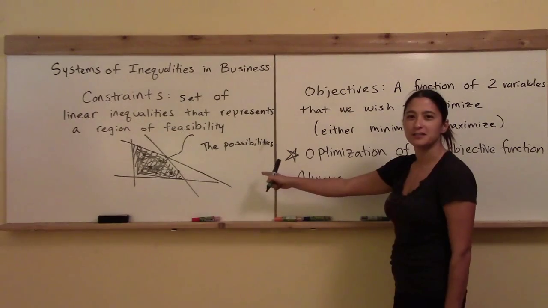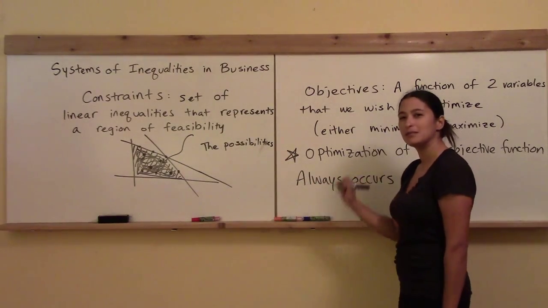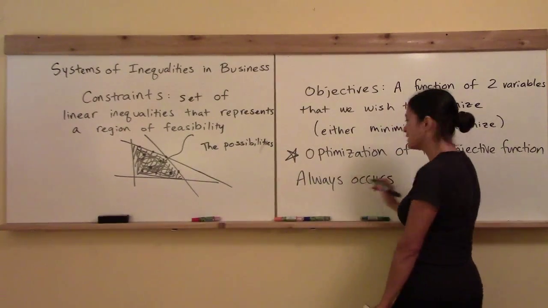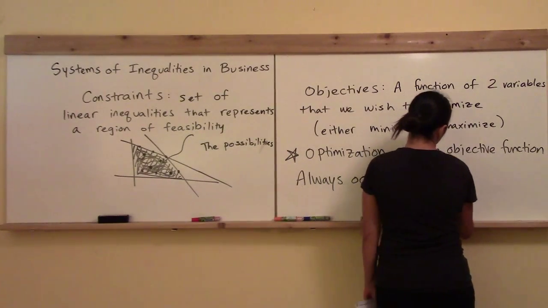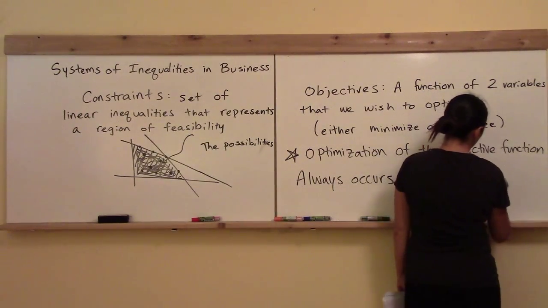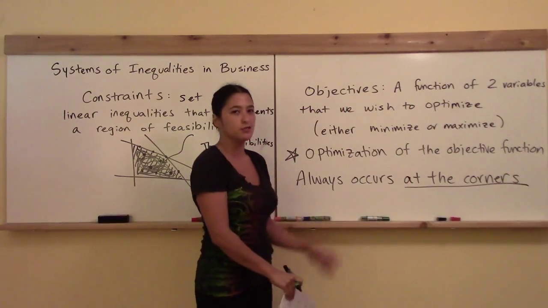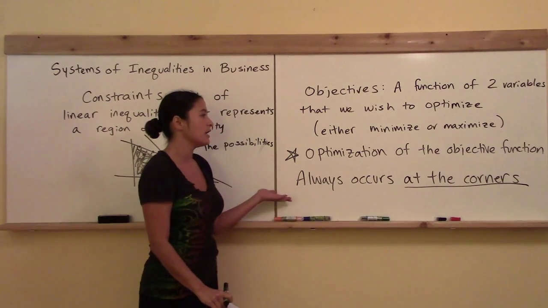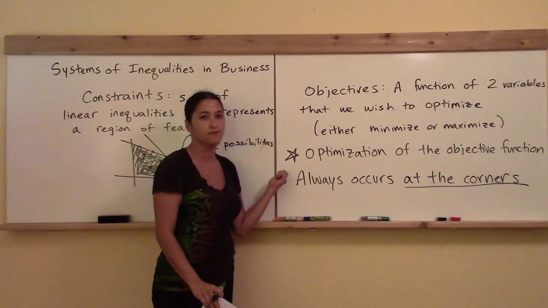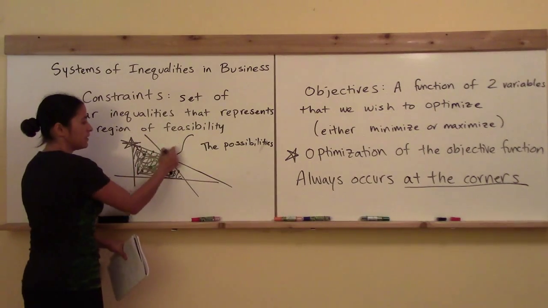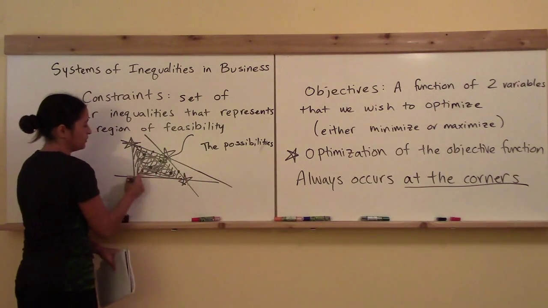At the corners. At the special corners. That's why we spend so much time graphing the shaded region and figuring out the xy location of the corners, because whether we want to minimize or maximize our objective function, it turns out that optimization of the objective function will always occur at these special places we found, known as the corners.